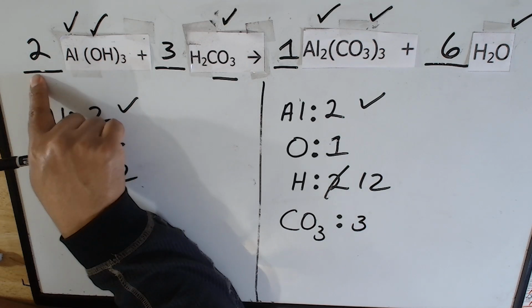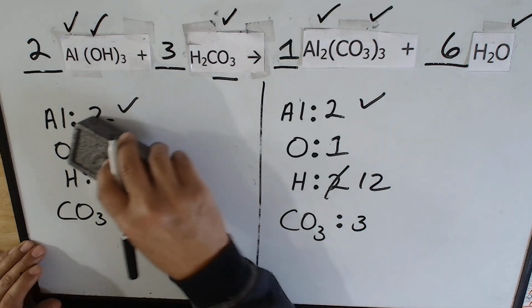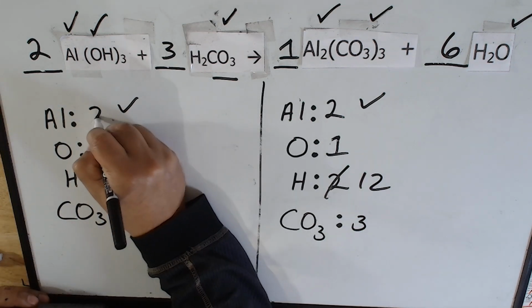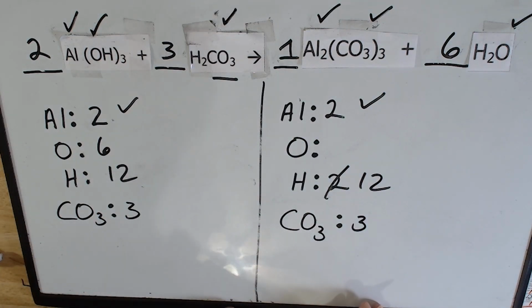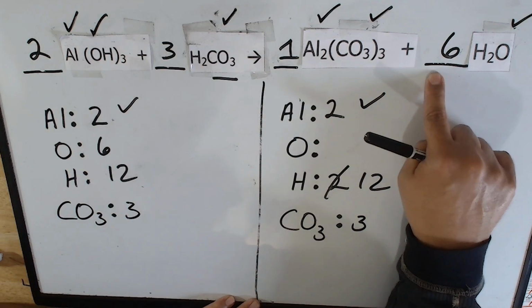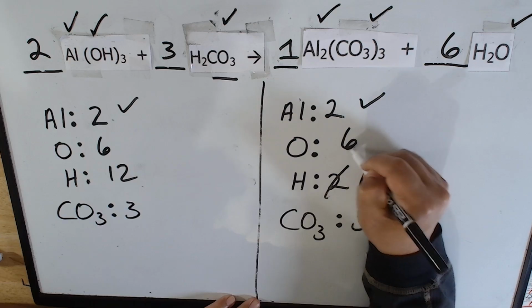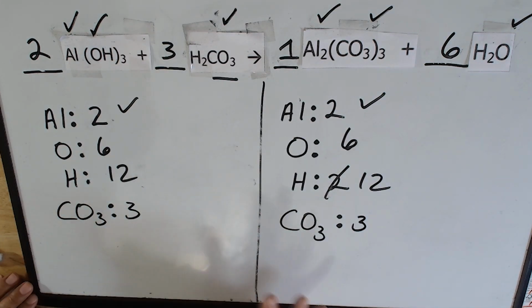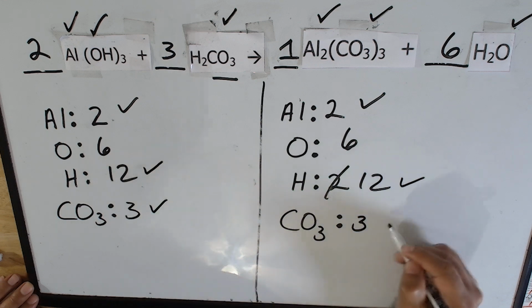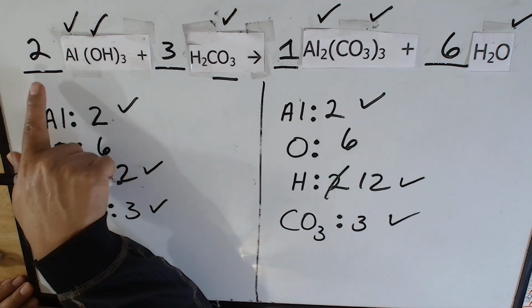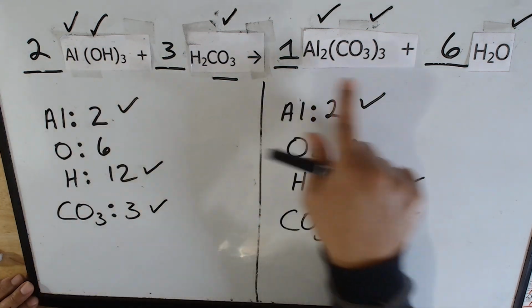Correction, 3 times 2 is going to be 6. And then on the product side, we also have 6 oxygens. And then we already talked about the rest. 12 hydrogens, 3 carbonates. So therefore you should have 2, 3, 1, and 6.